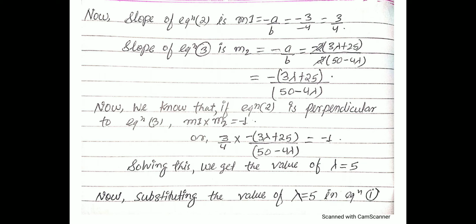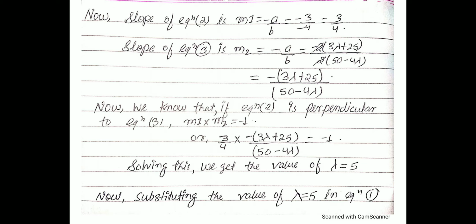Here 2 and 2 get cancelled, then the remaining part will be minus (3 lambda plus 25) divided by (50 minus 4 lambda). Now we know that if equation 2 is perpendicular to equation 3, we have a formula that is m1 into m2 is equal to minus 1. So we have both the values. Putting the values of m1 and m2, we get minus 1. Solving this, we get the value of lambda, which is equal to 5.